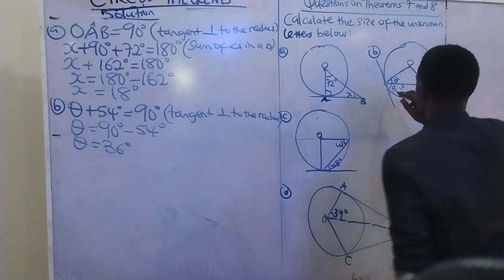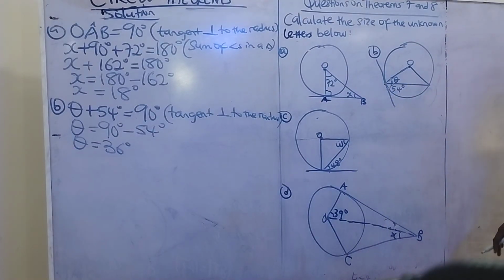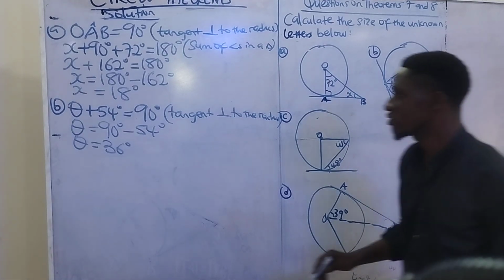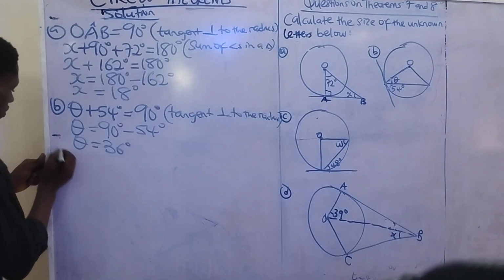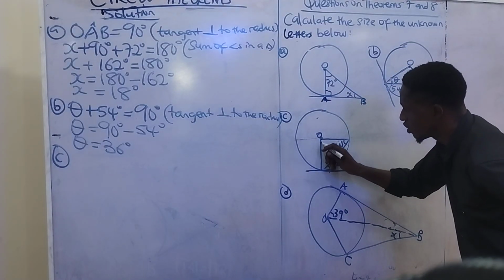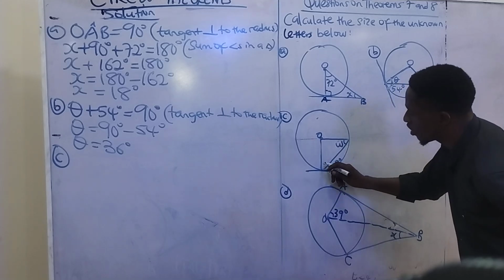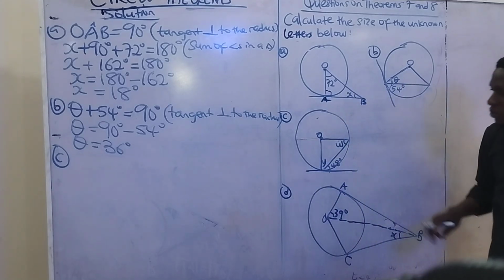Look at it here. You can see we have the radius. So from here to here is 90. Then we have the C part. Let's look at it again. We have a radius that is perpendicular to this point here. So let me call here y.